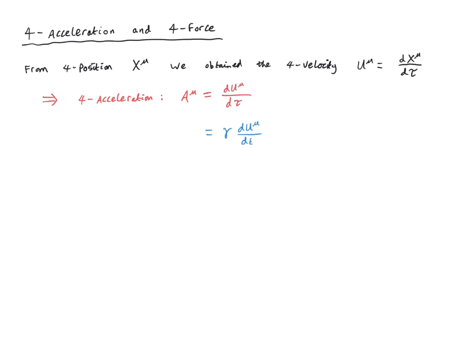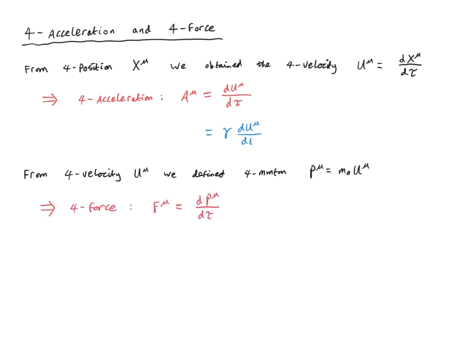In an exactly analogous fashion, we can define a 4 acceleration by taking the proper time derivative of the 4 velocity. We can also express that as gamma times du mu by dt for a general coordinate time t. We also considered the 4 momentum p mu, which was obtained from the 4 velocity by multiplying by another Lorentz scalar, which is the rest mass m0. We can therefore define a 4 force as the rate of change of the 4 momentum, but again, we have to take the proper time derivative of the 4 momentum for this to be a valid 4 vector.